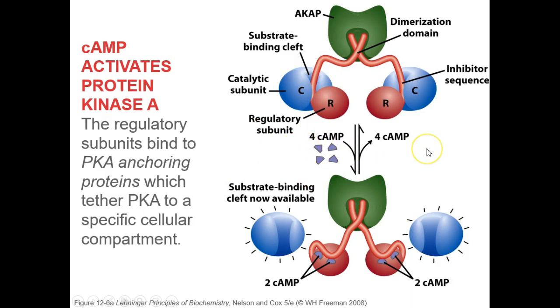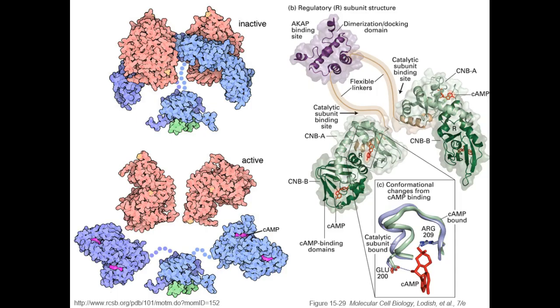So what you need is 4 molecules of cyclic AMP to bind. When they bind over here to the regulatory subunits, that causes a huge conformational change that frees 2 copies of the active protein kinase A. And now the protein kinase A is able to phosphorylate cellular target proteins.